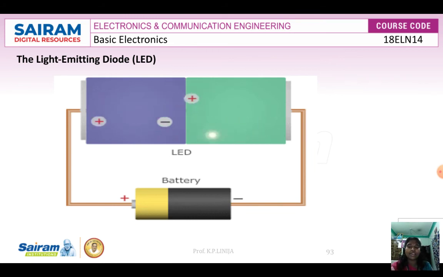When the supply voltage's positive terminal is connected to the p-type and the negative terminal is connected to the n-type, we call it forward bias. In the forward bias condition, it emits light. You can see clearly the recombination of positive and negative charges; because of forward bias, the light is getting emitted.